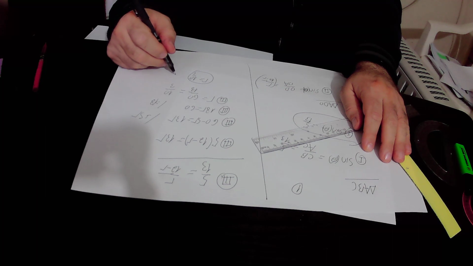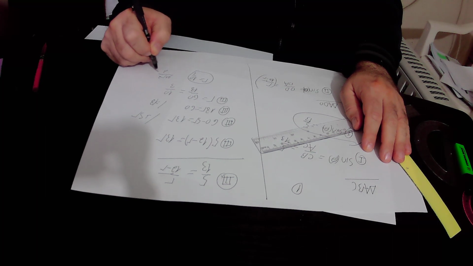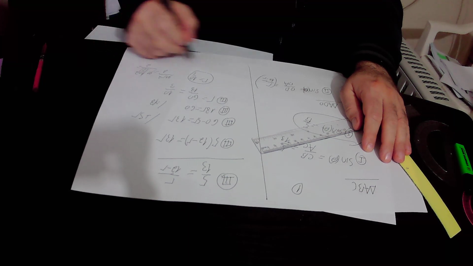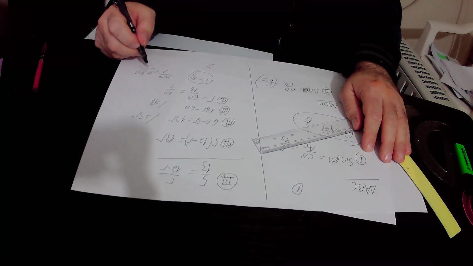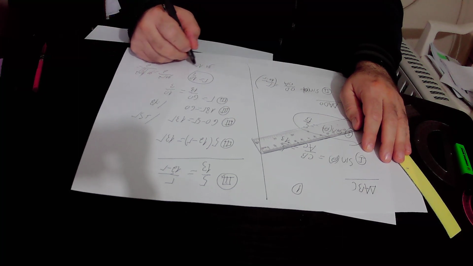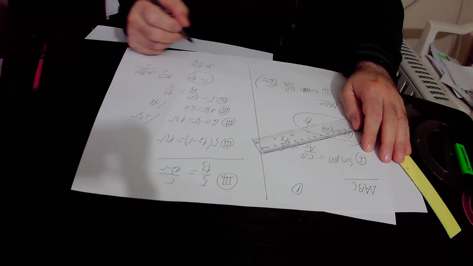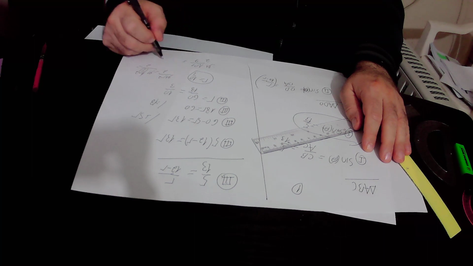And the area of the semicircle is pi r squared over 2. So it is pi times 10 over 3 squared, over 2. It equals pi times 10 squared, which is 100, over 3 squared, which is 9, all divided by 2. 100 over 2 is 50.